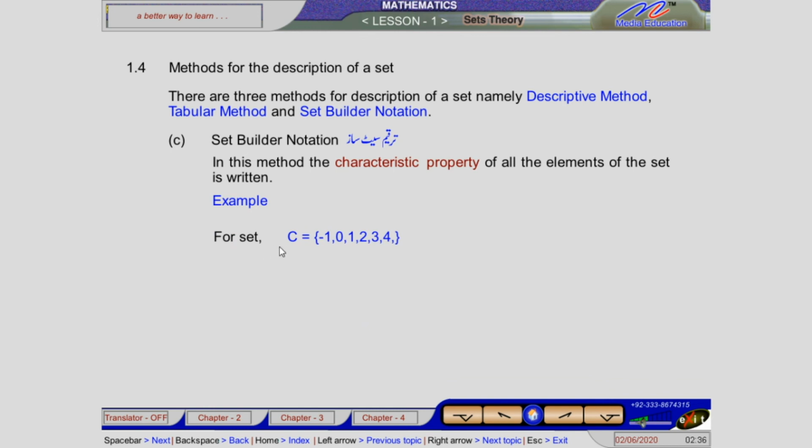Let's have a look at its second example, that is set C is equal to {-1, 0, 1, 2, 3 and 4}.